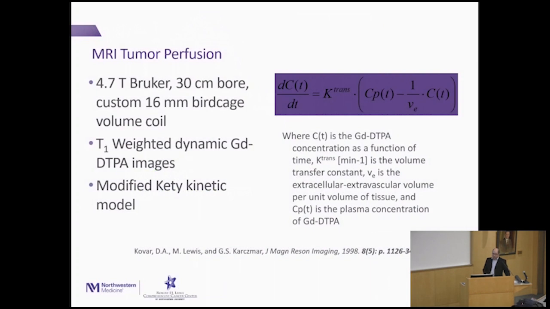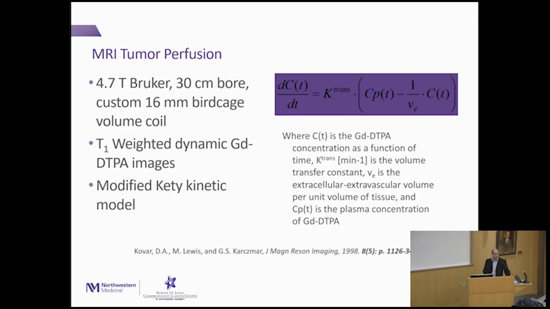Okay, moving on to DCE MRI. This is an example from a 4.7 Tesla MRI. This is some older data. As I mentioned earlier, you use kinetic modeling to tell you things like perfusion and permeability. So this variable here is similar to perfusion, and this variable down here is similar to permeability.